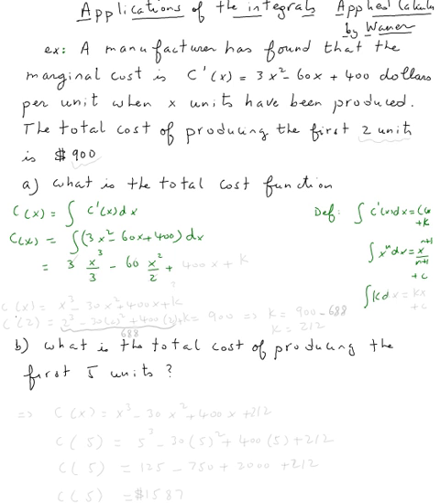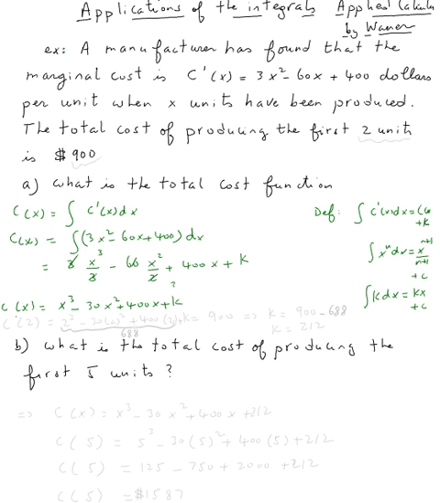And the integral of a constant is always going to be constant times x plus some constant. So the integral of 400 is 400 times x plus some constant. We're going to use k instead of a c. Now I'm going to simplify the 3 with the 3. So C of x is equal to x cubed minus 60 divided by 2 is 30, 30x squared plus 400x plus some constant.